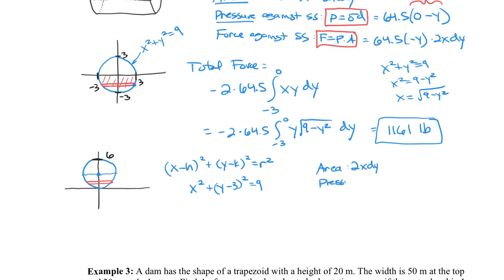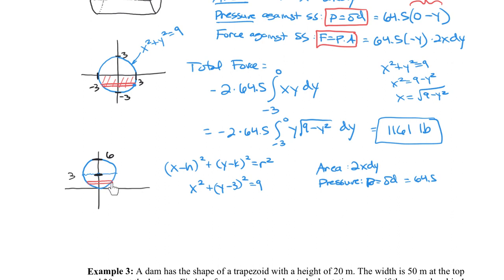Pressure. That's going to be, well, I'll do the same thing. Pressure equals weight density times depth. Weight density 64.5. Depth now, think about where this is at. This is at 3, right? So this is a 3 right here. So now the depth is going to be, if this is y, 3 minus y, right?